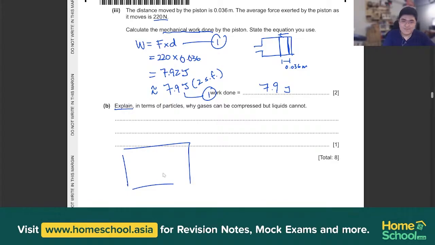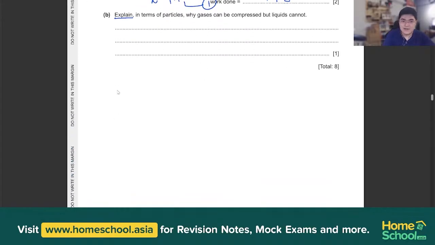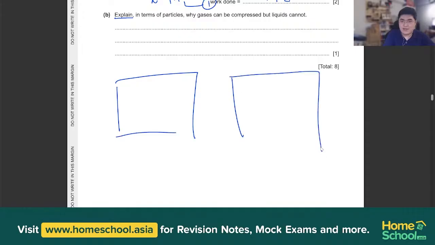This is a disaster of a drawing. My bad. As you guys do know, for a gas, and a liquid, gases, if you notice, their molecules have a lot of space between the molecules.